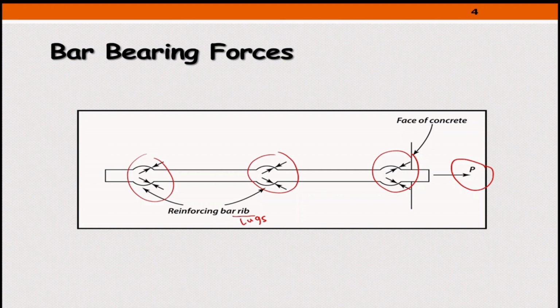When this happens, there will be some sort of bearing forces generated at the interface between the bar and the surrounding concrete, ensuring that the bar is not going anywhere under the tension force, right? And therefore it will not pull out of the concrete or slip off the concrete.